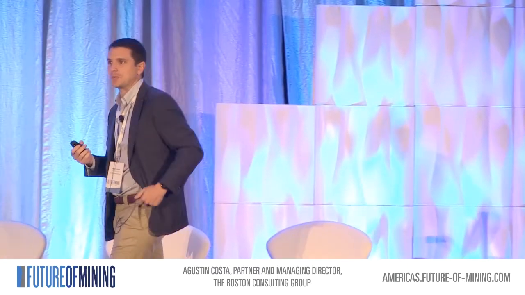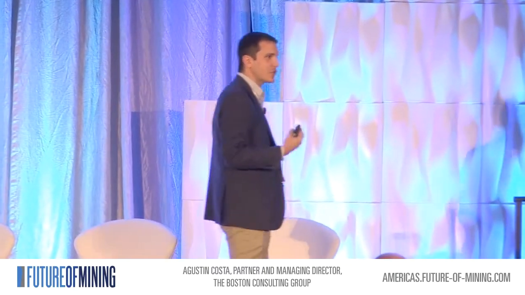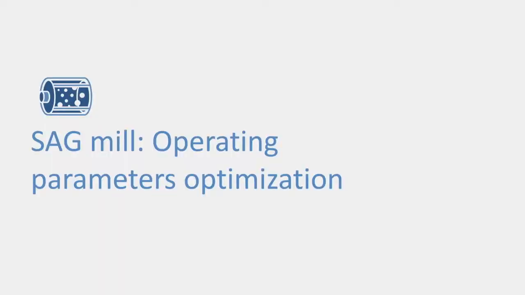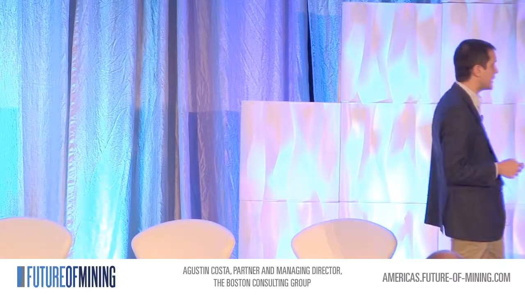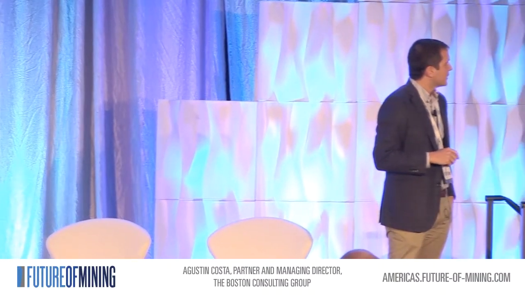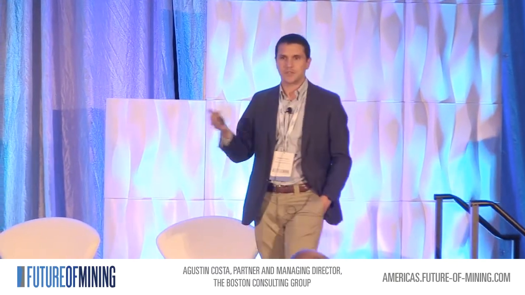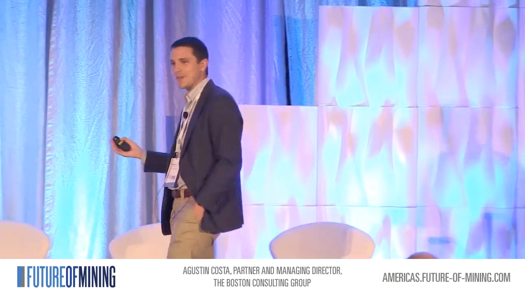So let's get into a specific example. I guess this has so far been interesting, but it's more of the theory. So now let's get practical into how this can be applied and how we have applied this to copper miners, particularly in this case in Chile. So you know already what a SAG mill is.